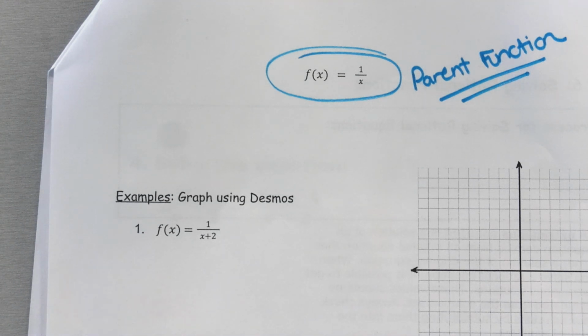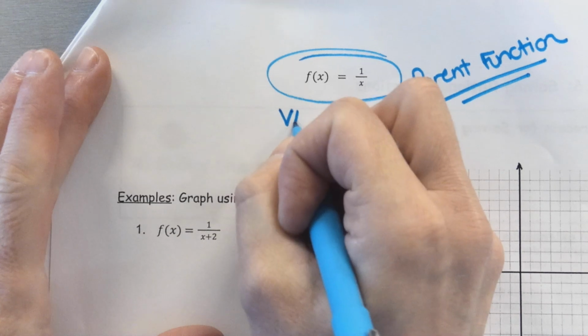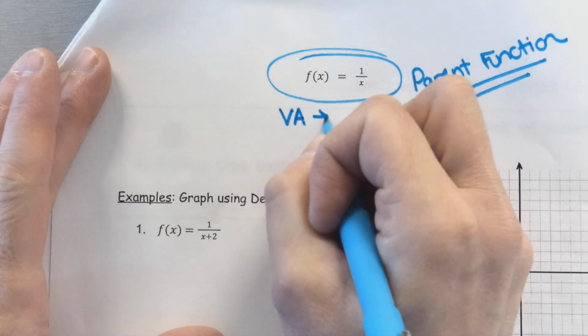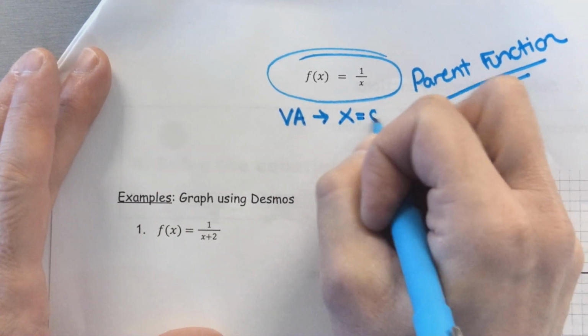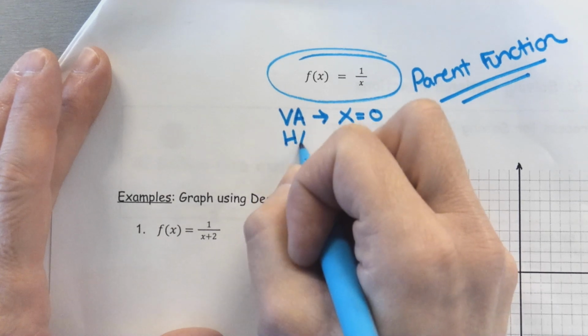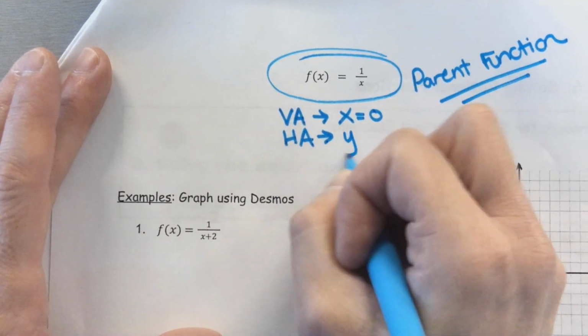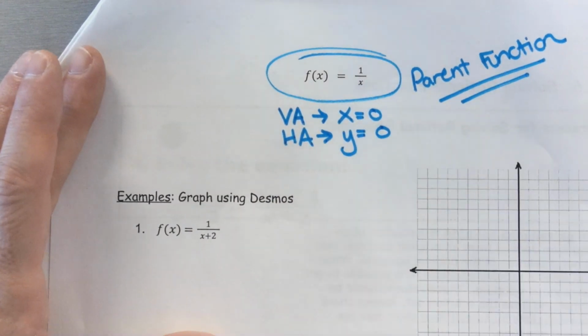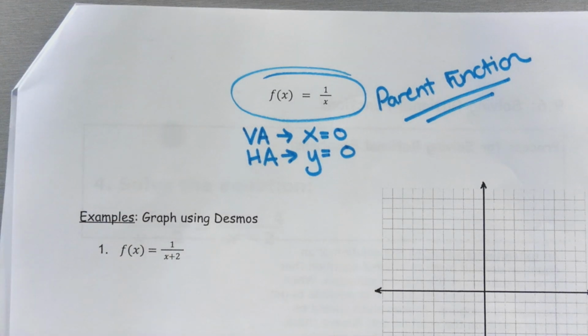So for the parent function, your vertical asymptote is at 0, and your horizontal asymptote is at 0. And Miss Bessel gets a little lazy because writing out vertical asymptote and horizontal asymptote every single time is a lot of letters and takes you a few seconds. And so I call it VA for vertical asymptote and HA for horizontal.